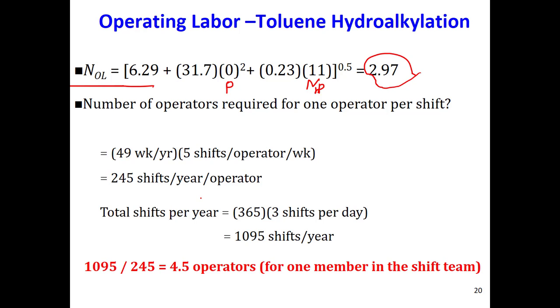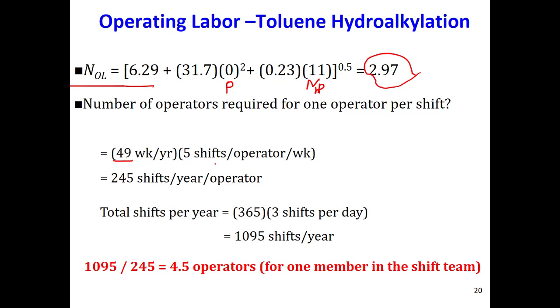Per shift, the calculation is not complicated, but just look at this. We have 52 weeks per year, but we consider 49 working weeks per year. And we know that we have 5 days per week. Two days are usually the weekend that we don't work.